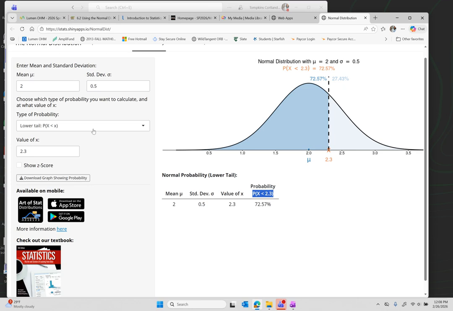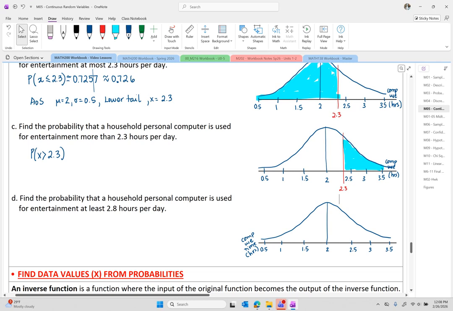27.43%. Of course, I could also just do the upper tail and change the value to 2.3, and it will give me that value, 27.43%. So I didn't need to do another search in ArtofStat because I already had this.